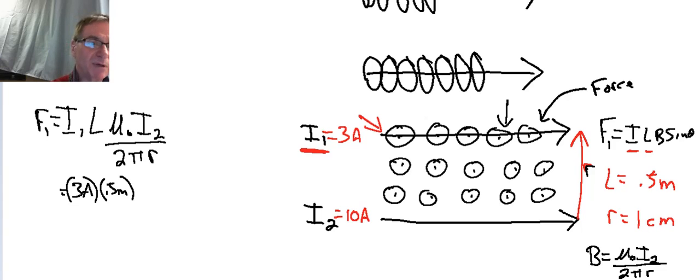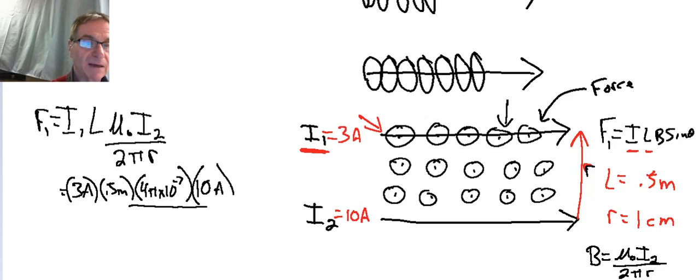All right, mu 0 is 4 pi times 10 to the minus 7th power. All right, I2 is 10 amps, all divided by 2 times pi times the distance again from wire 1 to wire 2, and that happens to be 1 centimeter, so 0.01 meters. Always remember to convert your centimeters to meters.